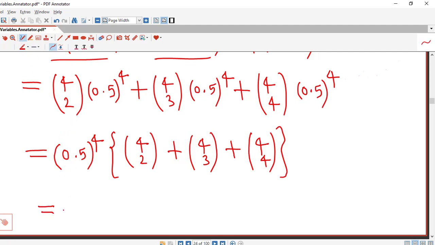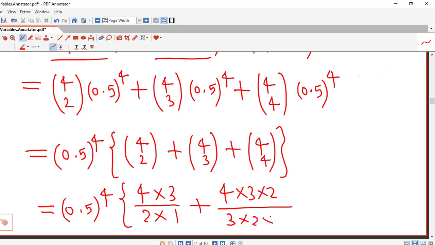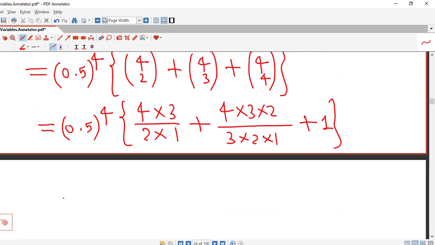So this is now 0.5 raised to 4 times the bracket. 4c2 can be simplified as 4 into 3 divided by 2 into 1. Then 4c3 we can rewrite as 4 into 3 into 2 divided by 3 into 2 into 1, and we know that 4c4 is 1 because nCn is 1.